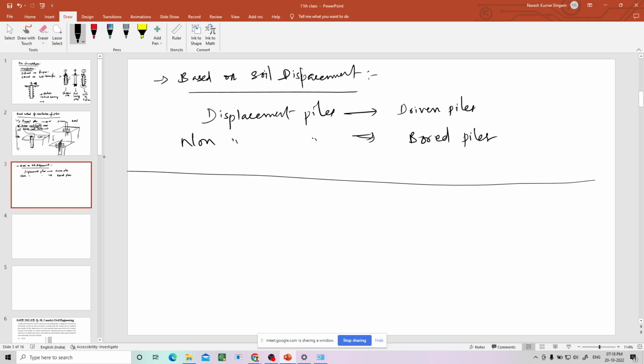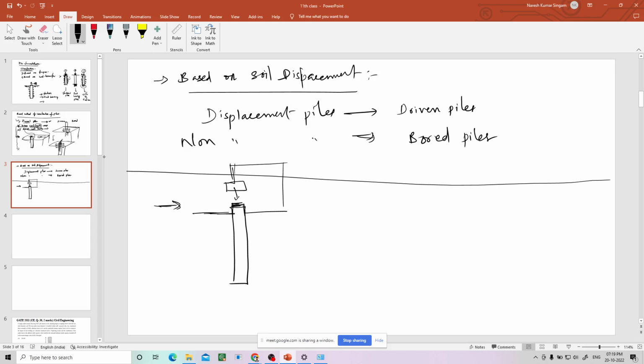The next thing is how do we install piles. There are some instruments which will be used to install the pile. Simple drop hammer: the hammer will be simply dropped on the head of the pile, so it will be done in dynamic mode. That's how the pile is installed.